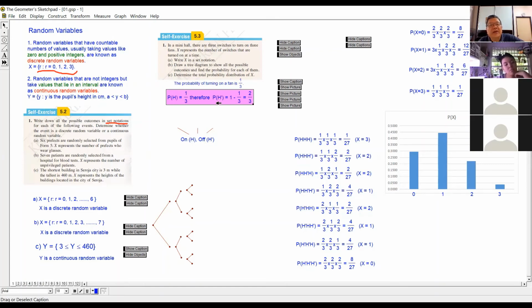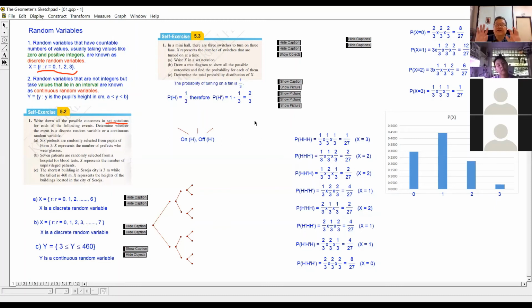Then the probability of the fan off is H prime. H prime is the complement of H. Have you learned this notation in your set or probability? H is one third, H prime is the complement. So it is 1 minus one third, which equals two thirds.